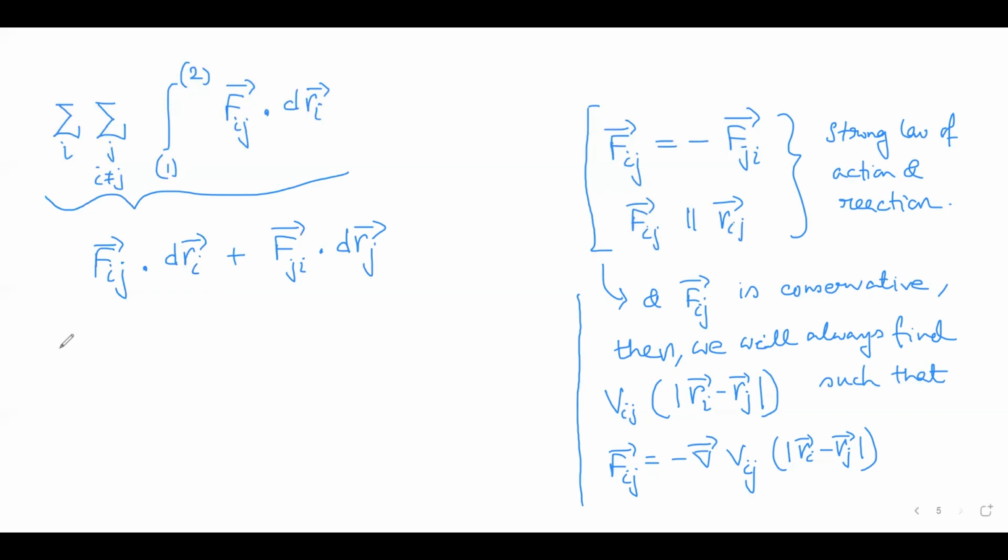This means, taking minus common, Fij is minus the gradient of Vij dot dri plus the gradient of Vji dot drj.